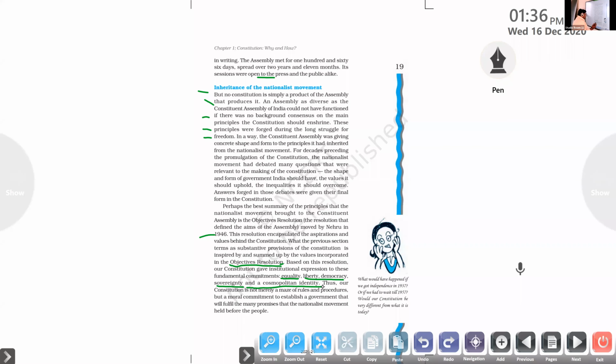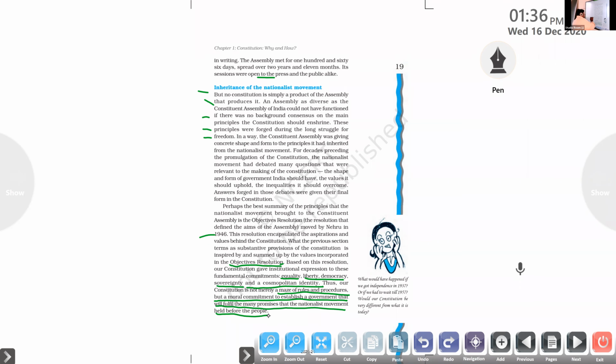Thus our Constitution is not merely a maze of rules and procedures. It is not just rules and procedures, but a moral commitment to establish a government that will fulfil the many promises that the nationalist movement held before the people.